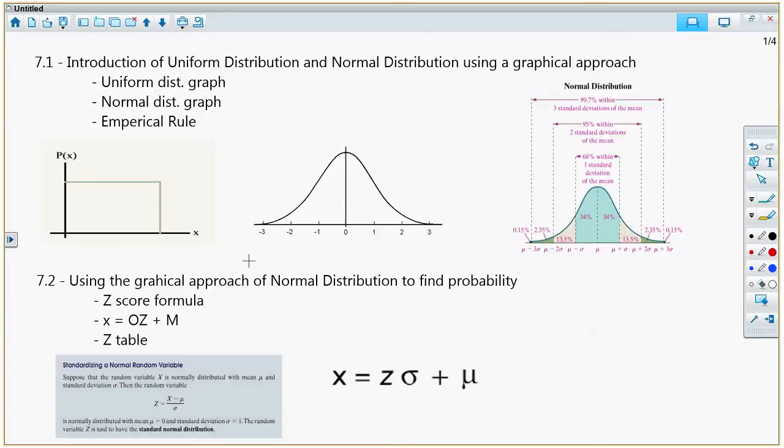And in 7.2, we're going to be using the graphical approach for the normal distribution to find the probability using the z-score formula, which you already know: z equals X minus the average over the standard deviation. And the X formula, which I call Oz plus mu. I turn this around, and that's the standard deviation times the z-score plus the average.